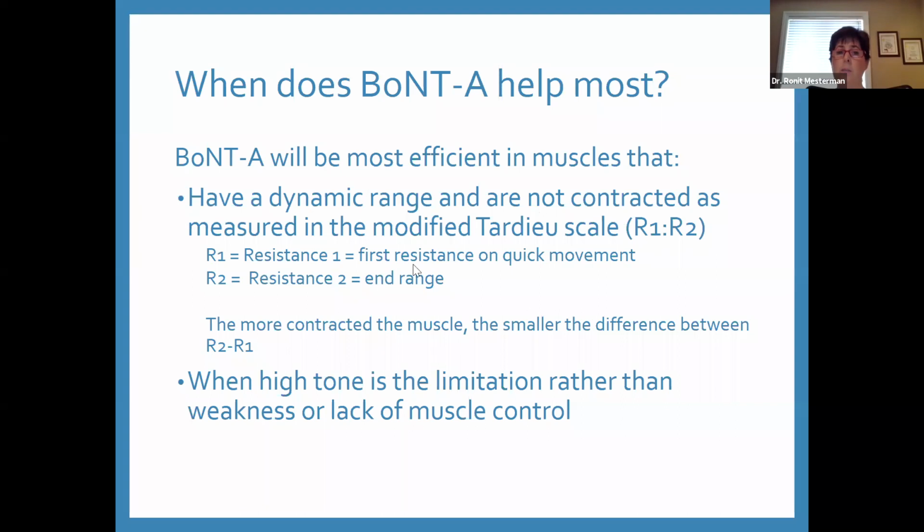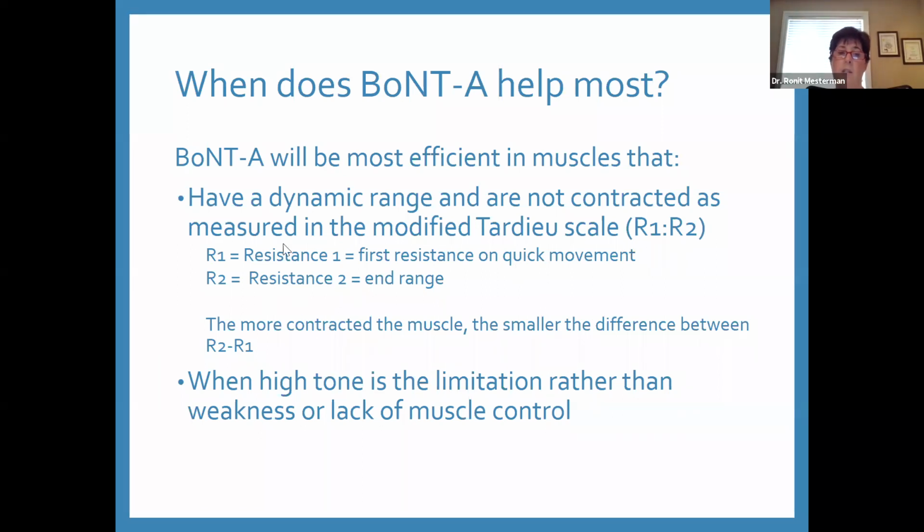The tool that helps us mostly to identify it is the modified Tardieu scale. We measure an R1, which is the first resistance, or what in our neuro exam we often relate to as the first spastic catch. And the R2 is the end resistance.